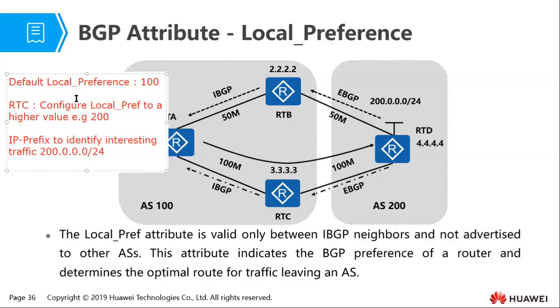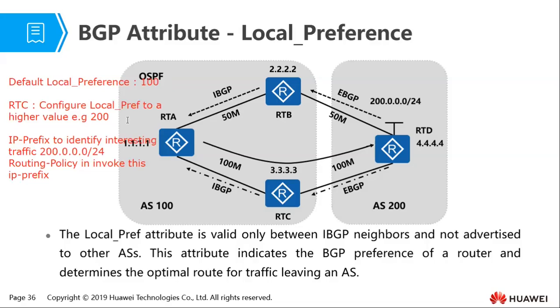Then after that, we configure a routing policy to invoke this IP prefix. So generally, that is how it's done.